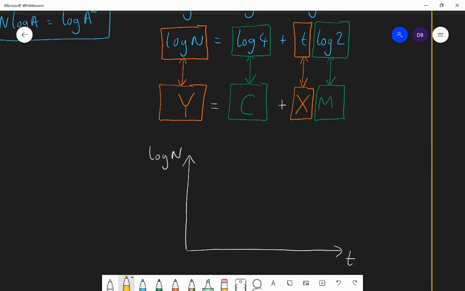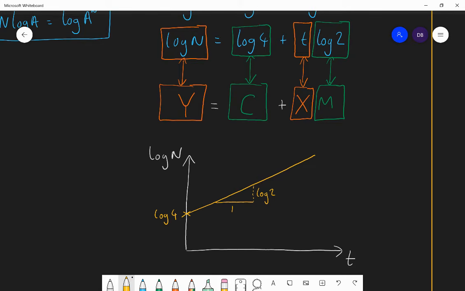And then my graph will go through log 4, which is about 0.6, as I said, and it'll have a gradient of about 0.3. So it'll look like that. That value there is log 4, and for every one across we go, it would go up by log 2.